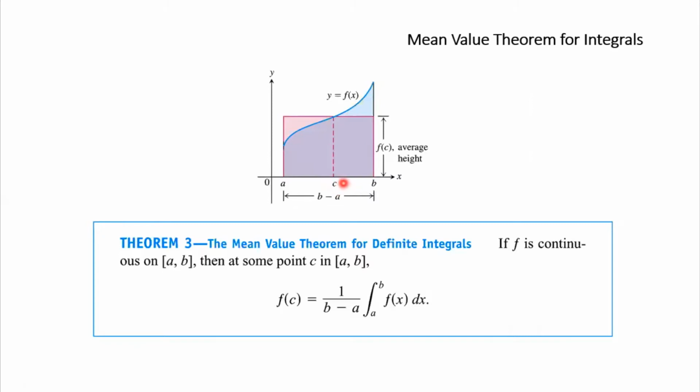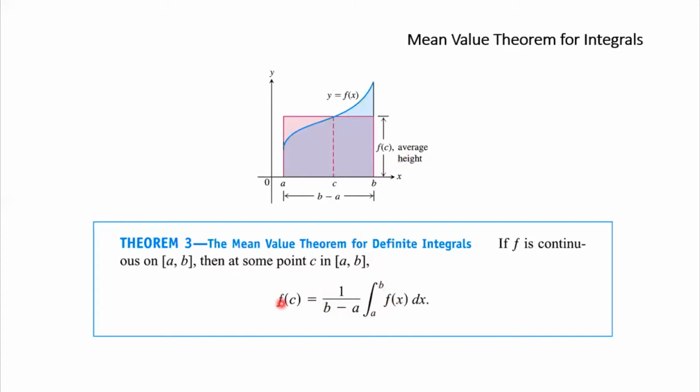Then at some point, let's say c, in between a and b, the value of f of c, which is the average height, is given by this, which is equal to 1 over b minus a times the integral of the given function evaluated from a to b.